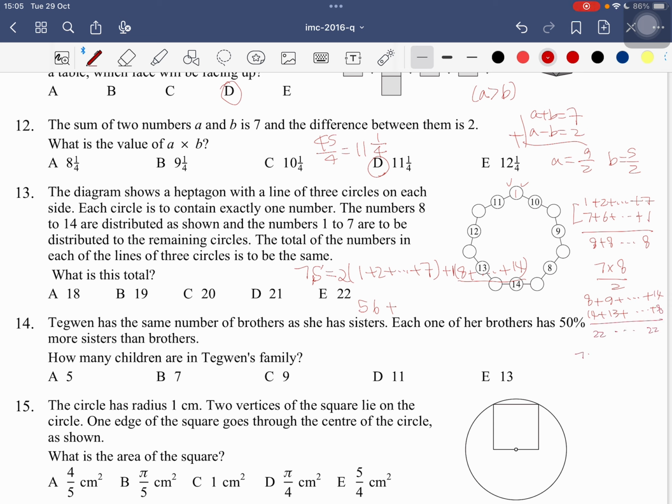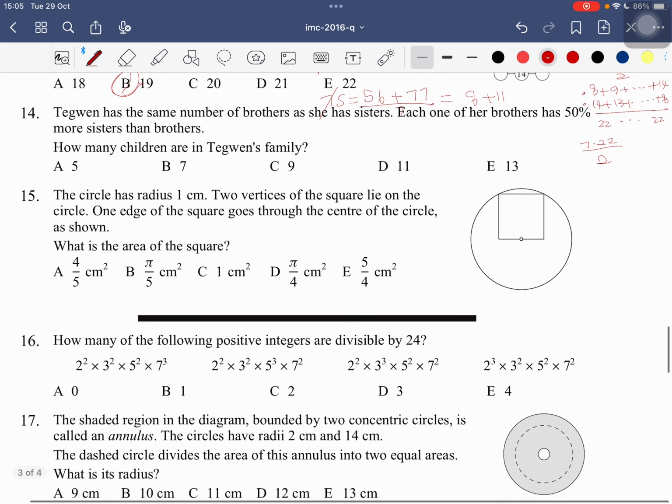So we have 7 times 22, but again we added it twice, so over 2, so 77. So 7S is 56 plus 77. When I divide by 7, 8 plus 11, which is 19.